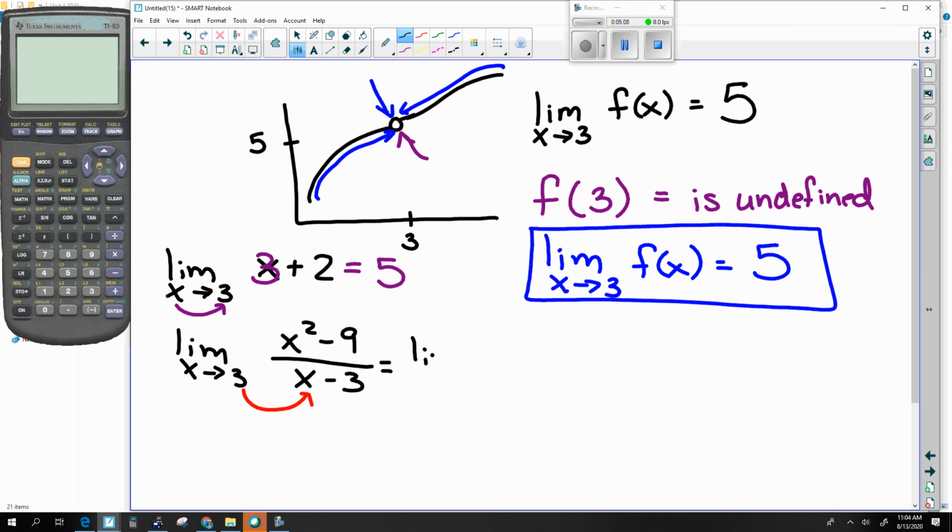So what you do is you write down, okay, I'm still needing to take this limit. You'll notice that the numerator is the same thing as x plus 3 times x minus 3. I can factor it.